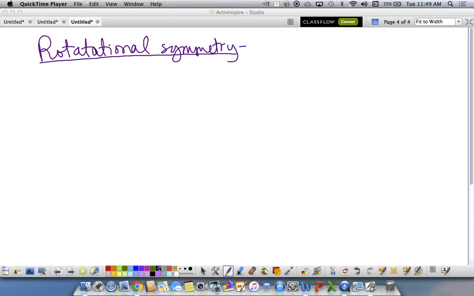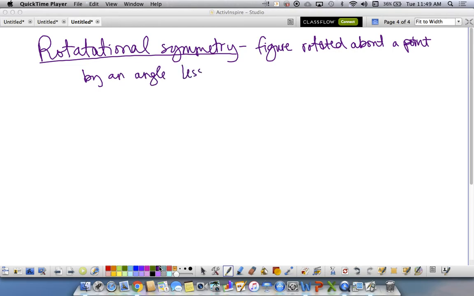Okay, I'm not going to write all that down. We're just going to say it's a figure rotated about a point by an angle less than 360, so that the pre-image and the image will be on top of each other, coincide.